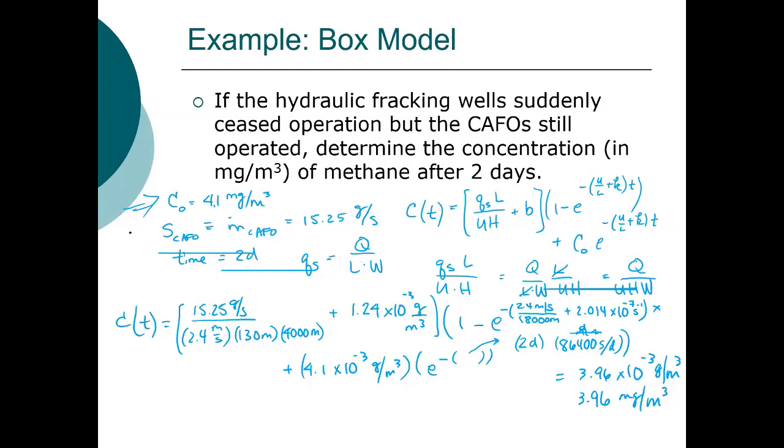What is the major source of methane in this valley? With the wells operating, it was 4.1. With all of the wells shut off, it's 3.96. What does that tell us about the source terms? The CAFOs are the main source, exactly.